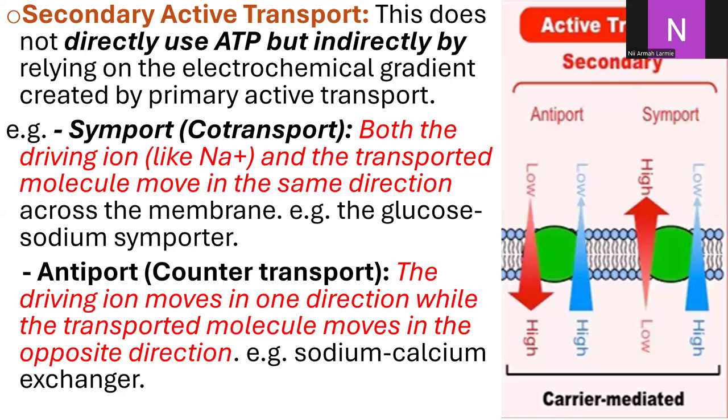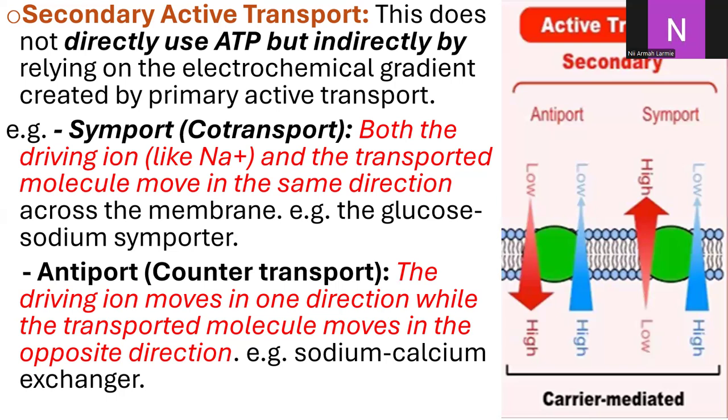Meaning that both ions are moving from a region of lower concentration to a region of higher concentration, utilizing energy. But the energy is indirect, not direct. Another example is the glucose-sodium symporter.